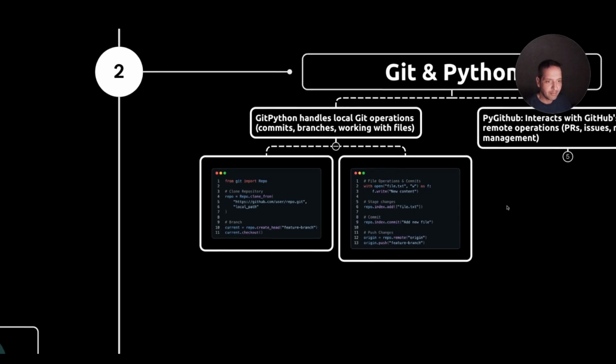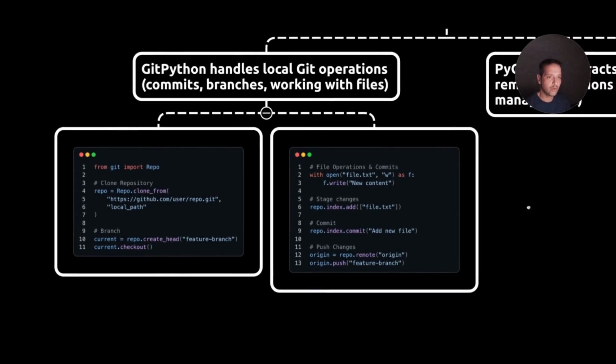GitPython allows you to make local Git operations, such as commits, you can branch, you can work with files, and the syntax is pretty simple, and we can use that to create tools for AI agents that allow us to basically do almost anything with Git.